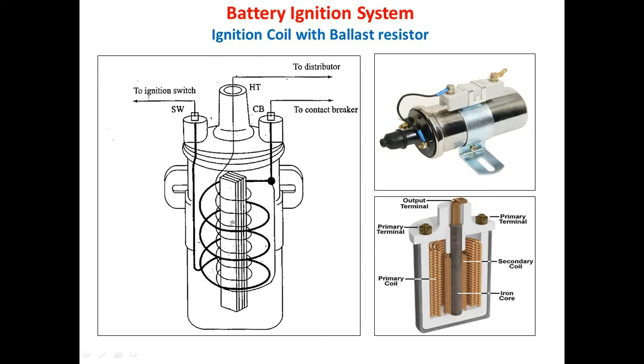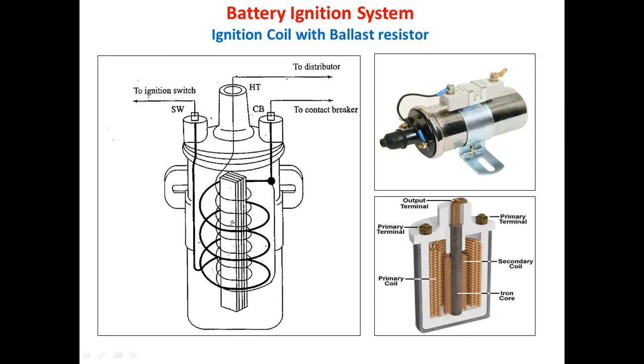To complete this task, the ignition coil has to step up the 6 volt or 12 volt battery to a high voltage, around 8000 volts to 20,000 volts or even more. This high voltage is useful to create a spark between the two electrodes of the spark plug.